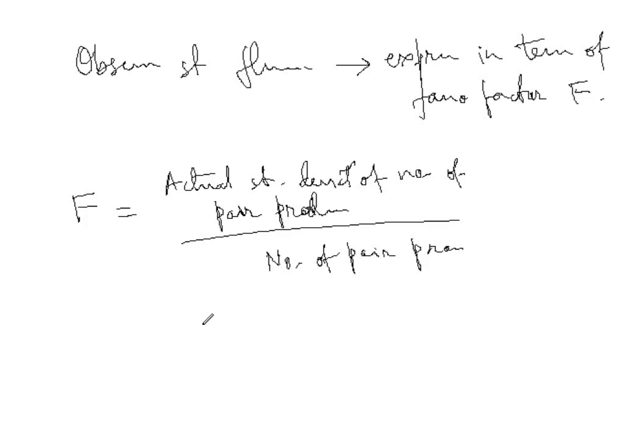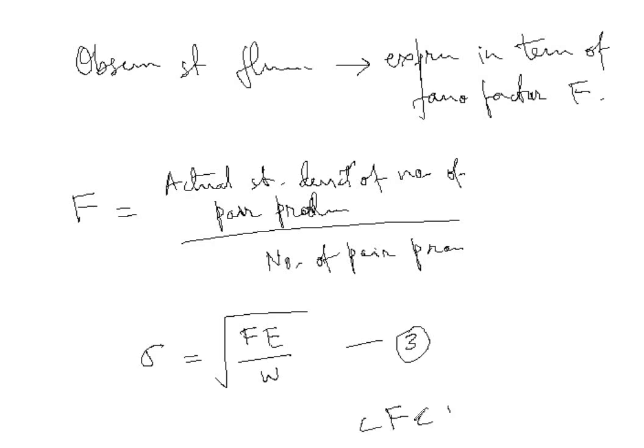So if we use equation number 2, we will have sigma equal to F into E divided by W. This is equation number 3. Now the values of F lie between 0 and 1. These are the two extremes. What is the meaning of F equal to 0?